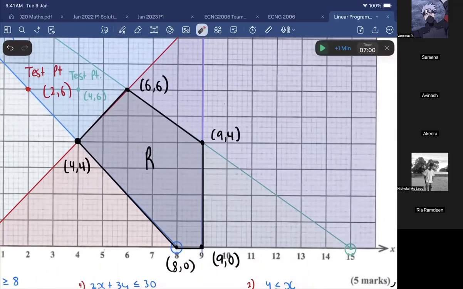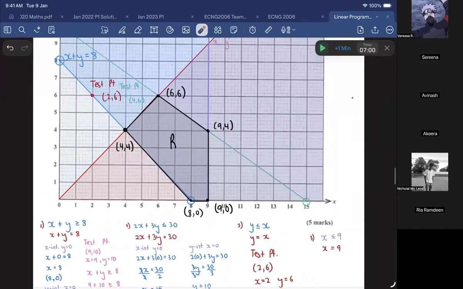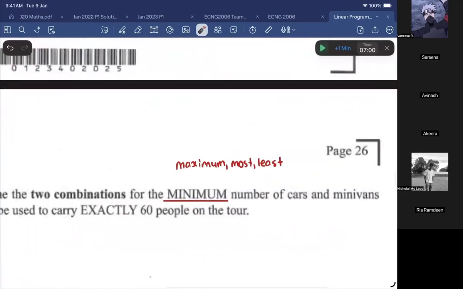And if you're confused, a vertex is the point where two lines meet. Like for this shape, these were the vertices. So anytime you see words like minimum, maximum, most, least, please recall whatever the vertices were.